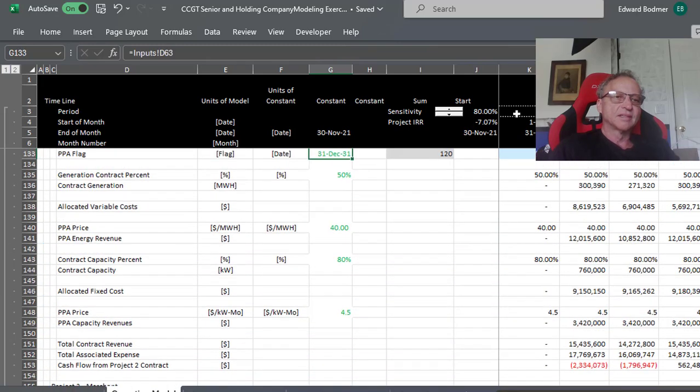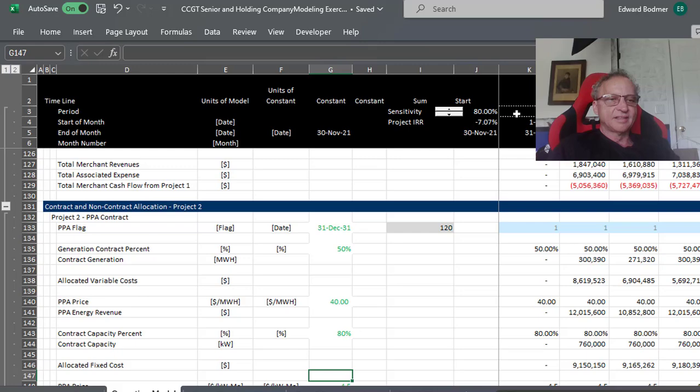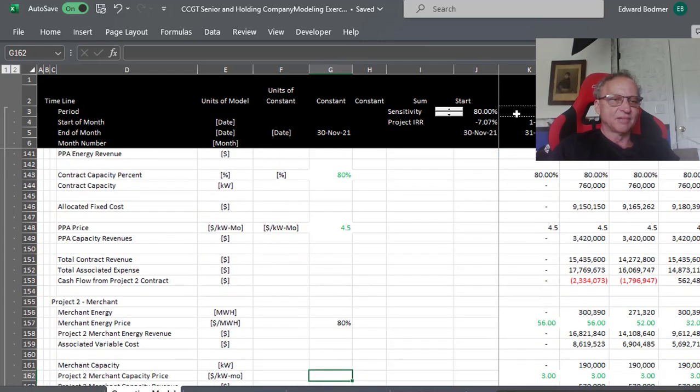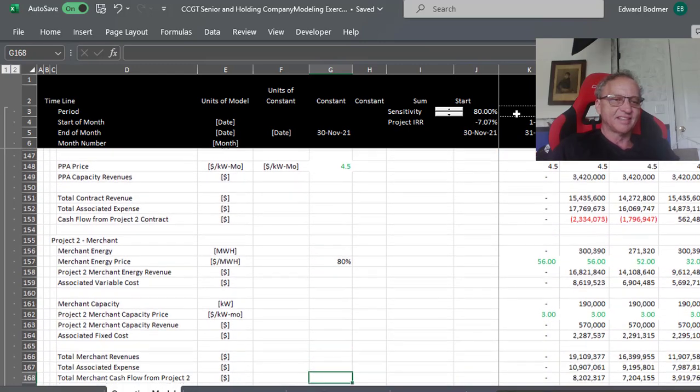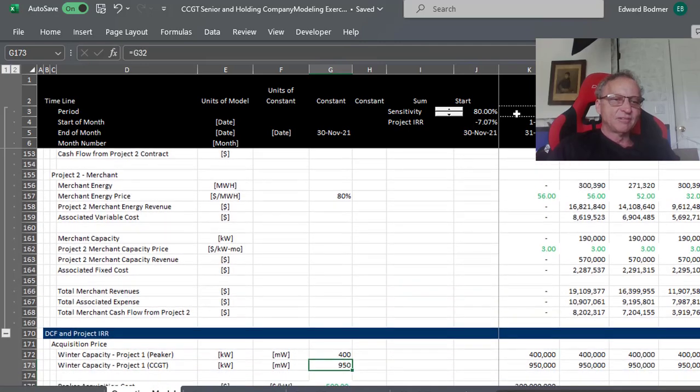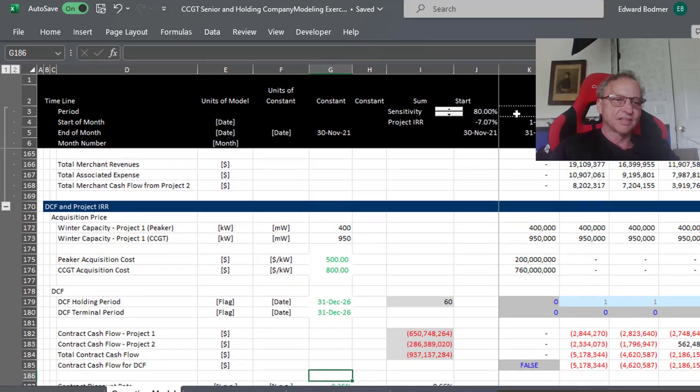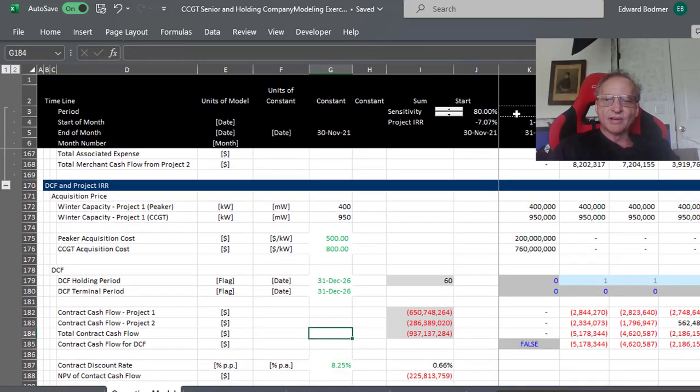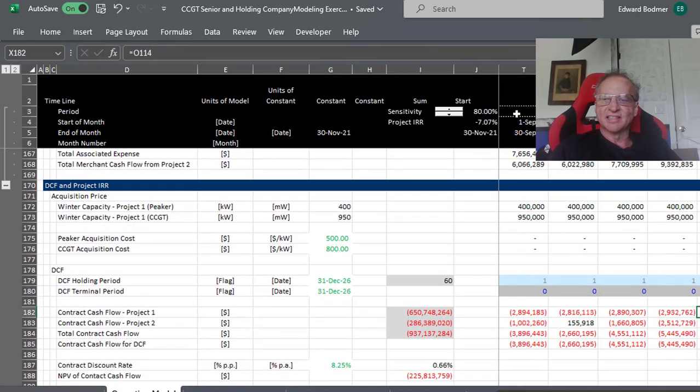Just a minute. Okay, contract, just a minute. Merchant energy, see, I can't even find that. We have total merchant cash flows and contract cash flows, and every single one of the cash flows is negative.